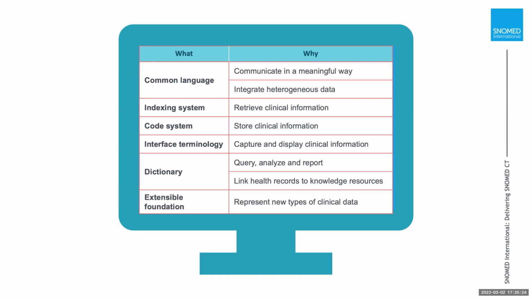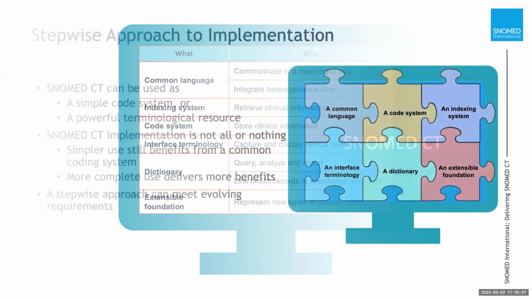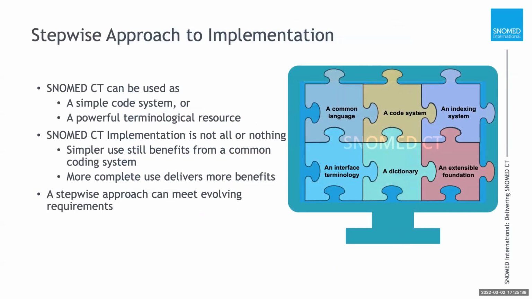But a recommendation is that you think about your use cases and think about, okay, where should we start? Because SNOMED CT is not, as I said in the beginning, one size fits all. You can select which one of these approaches you want to take. It may be that you want to use it as a code system and as an interface terminology. Then you start out there.